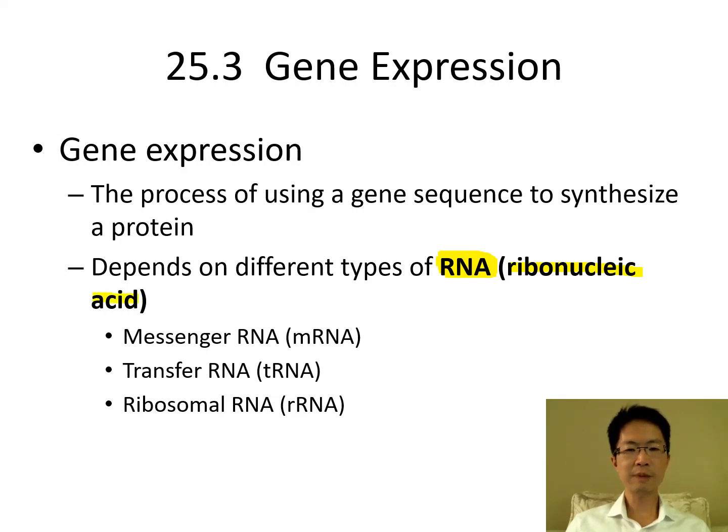We have 3 types of RNA that we'll cover in this class. Messenger RNA, usually we just call it mRNA. Transfer RNA, we usually just call it tRNA. Ribosomal RNA, usually we just call it rRNA. So you will see these 3 in the next few slides.